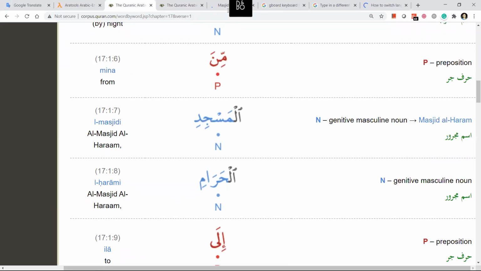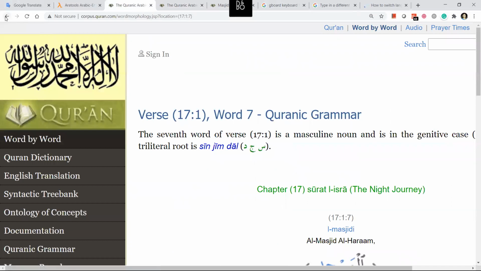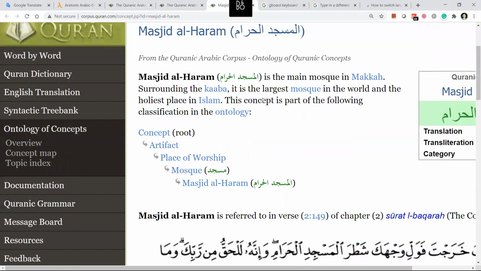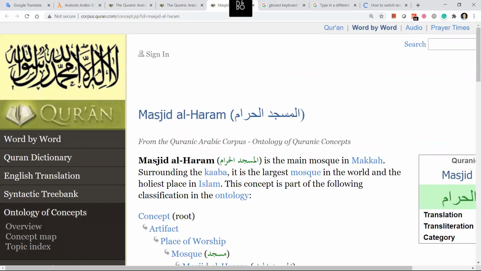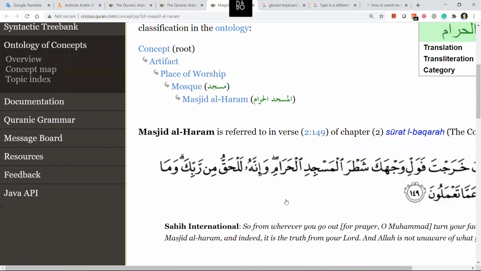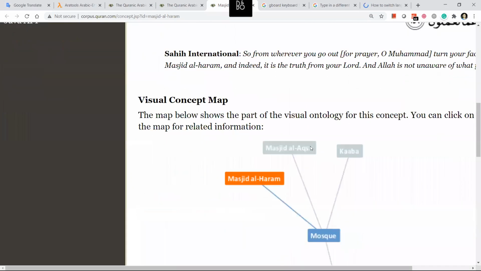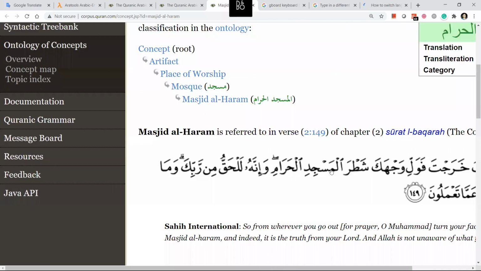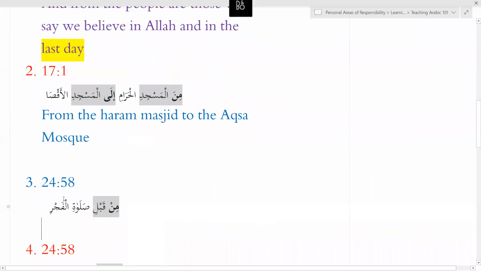Let's see Masjid al-Haram. It says Masjid al-Haram is Al-Masjid al-Haram, so it's an adjective. It has more detail, but it looks like an adjective for now. Nice. Jazakallah khair.